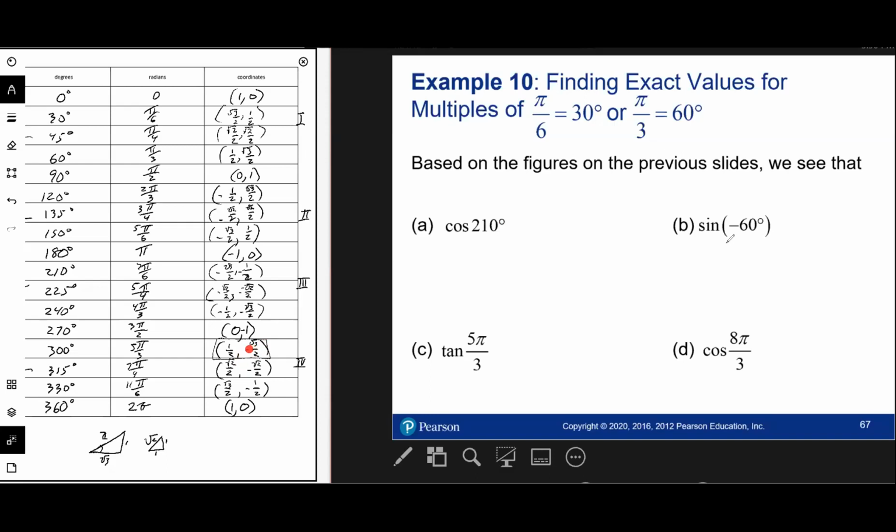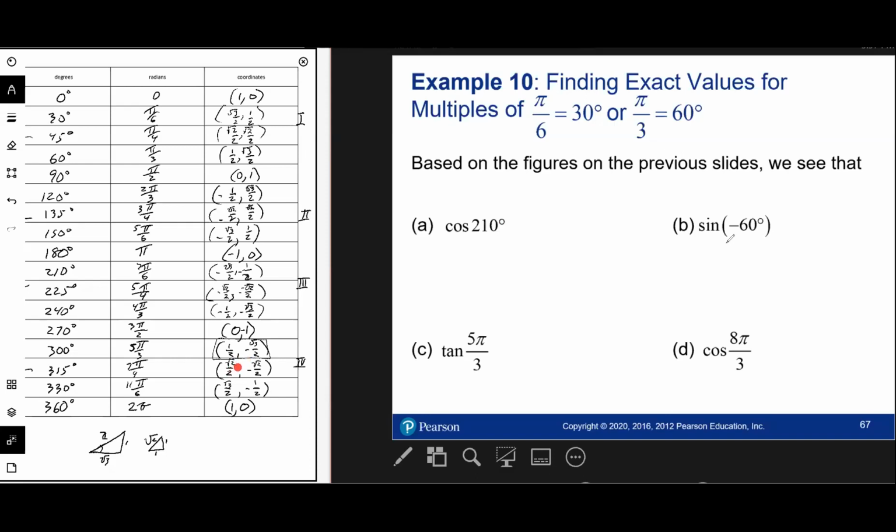Tangent of 5/3 pi. So 5/3 pi, isn't this it? Yeah, that's a weird looking 5. But 5/3 pi, so that's the same as a negative 60 degrees.